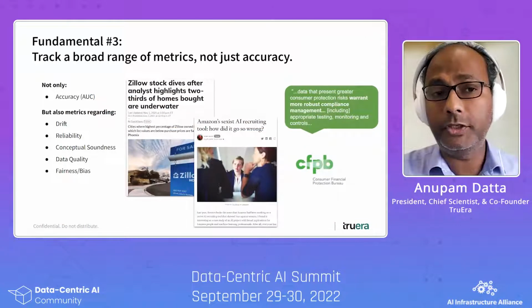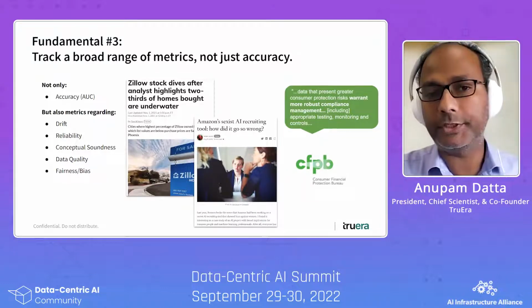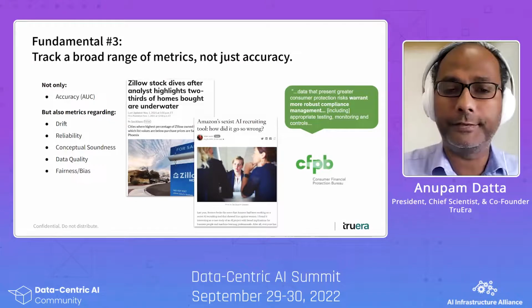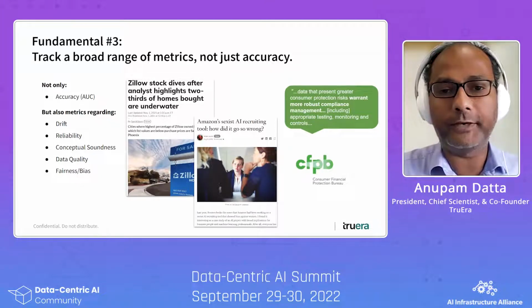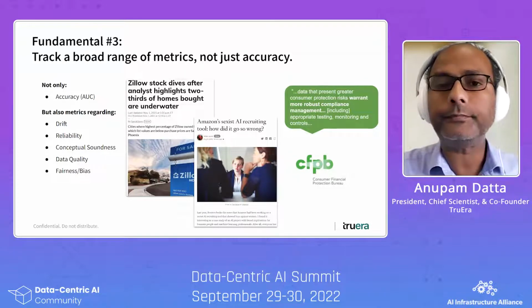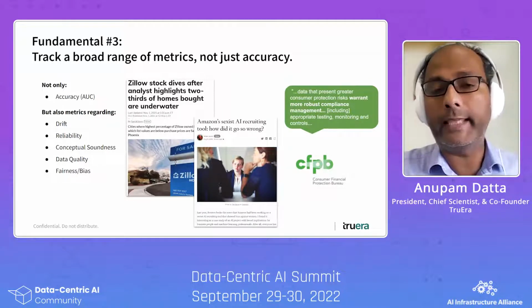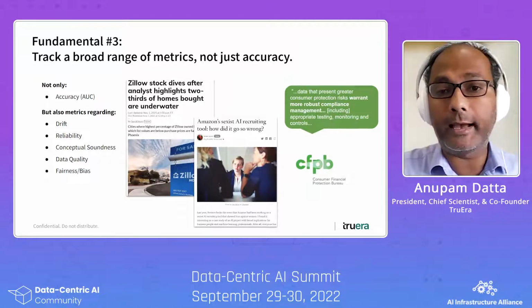Number three, you want to be able to track a broad range of metrics, not just accuracy, where the historical attention has been. But you also want metrics regarding drift. The Zillow example from last year should be fresh in many people's minds. Zillow lost close to $500 million because their models were trained at a time where the housing prices were going up.